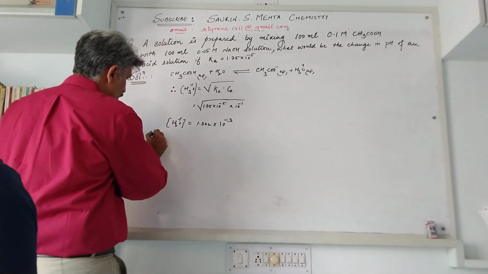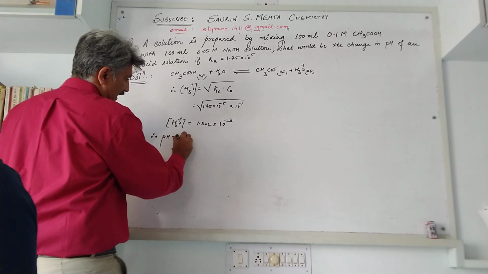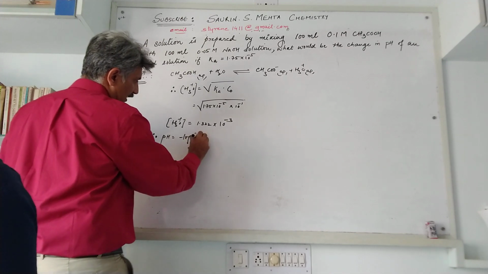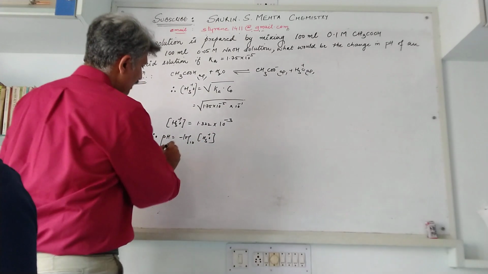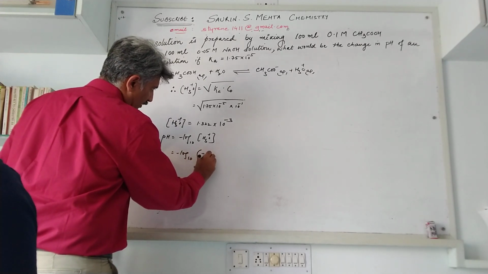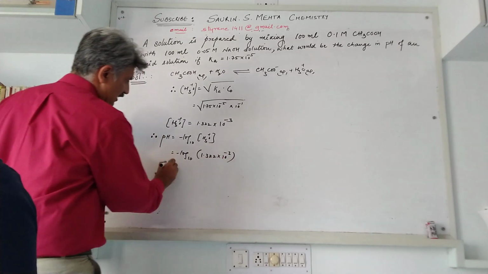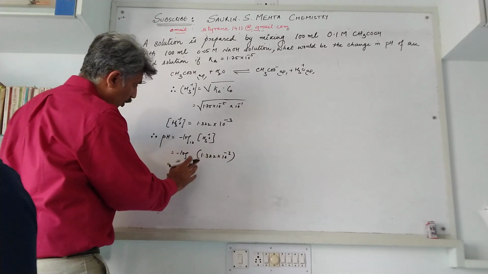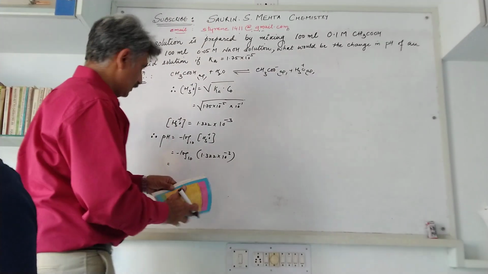From this we can find its pH, as pH is the negative logarithm to the base 10 of H ion concentration. What is the H ion concentration? Let's write it over here: 1.322 into 10 raised to minus 3. We'll find the log of 1322 with the help of the log table.